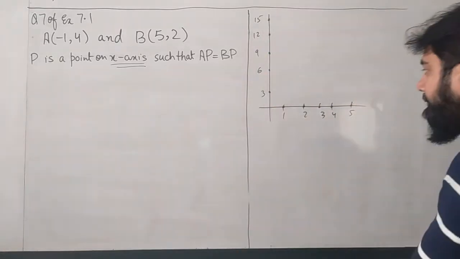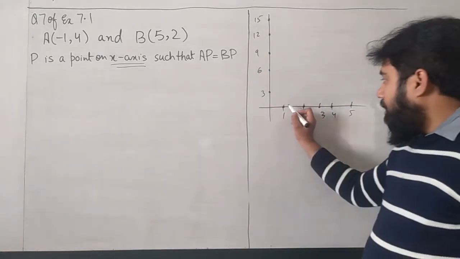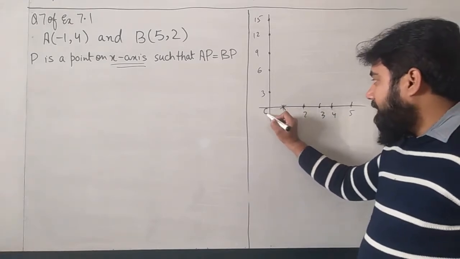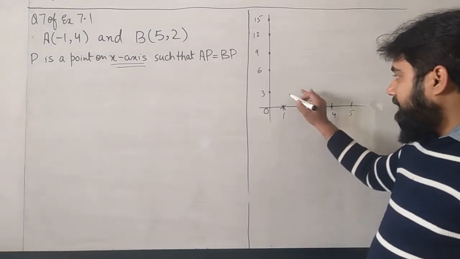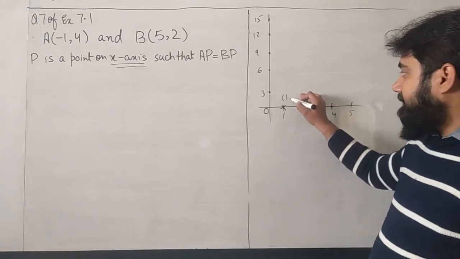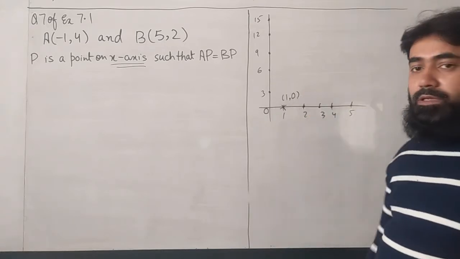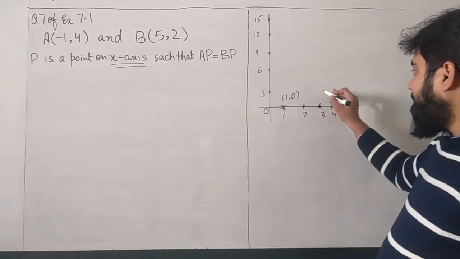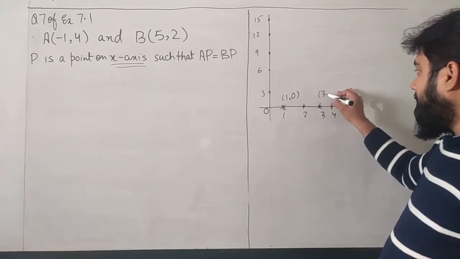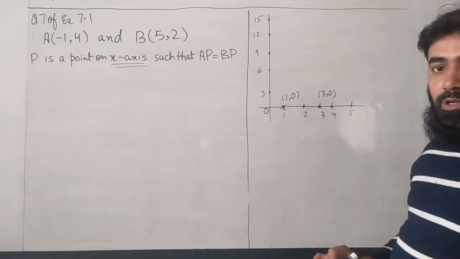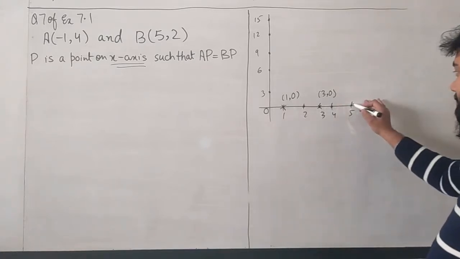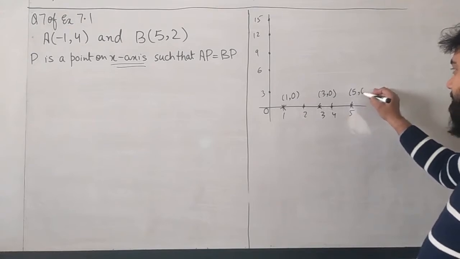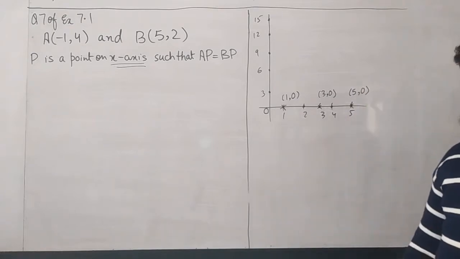Now see, on x-axis, if I ask you what will be the coordinate over here, you will write it is (1, 0). If I ask for this coordinate, you will say (3, 0). Values of x are given by number and values of y will be zeros.